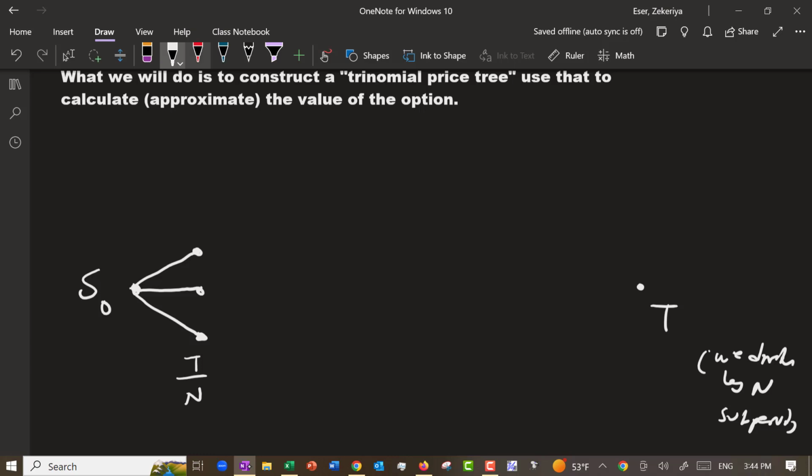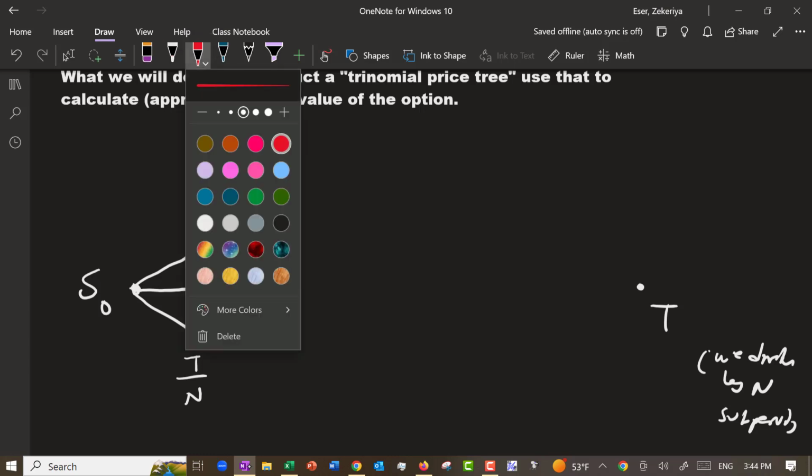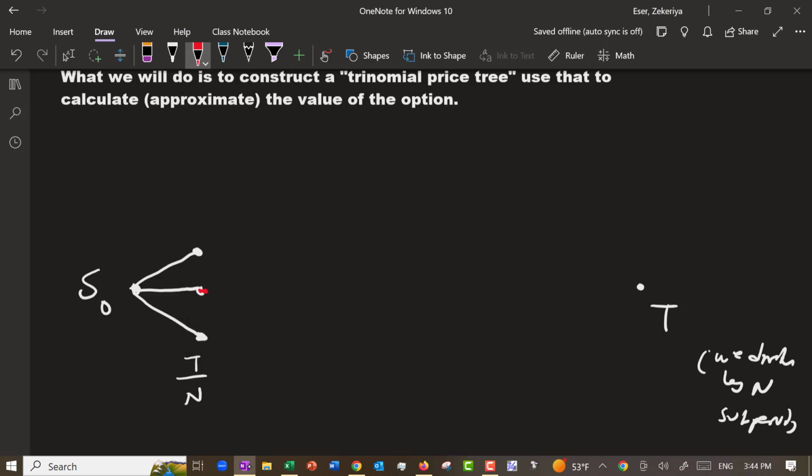Then in each of these periods, let's see if you guys can see the reds. They could stay the same, or they could go down, or they could go up. So this is time period 2T over n. We call this a recombining tree. It makes calculations a lot easier.